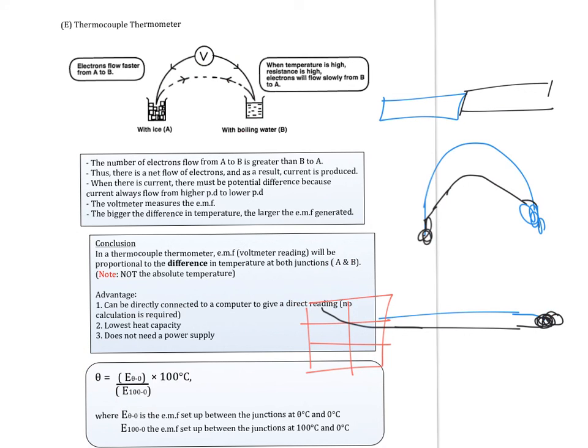It's because all computers and electronic devices only understand one language, which is voltage. Even if you say they understand binary codes, they're actually in the form of high and low voltages. Other types of thermometers have outputs that are not voltage, so we cannot connect them directly into a computer. For example, the mercury glass thermometer, how are you going to connect it directly to a computer? You can't.